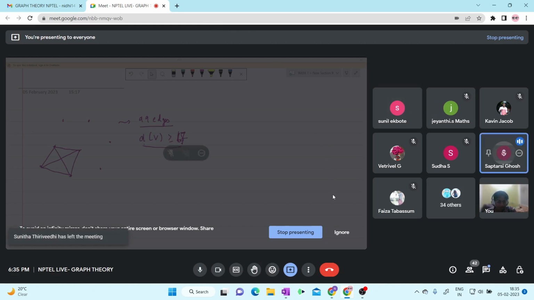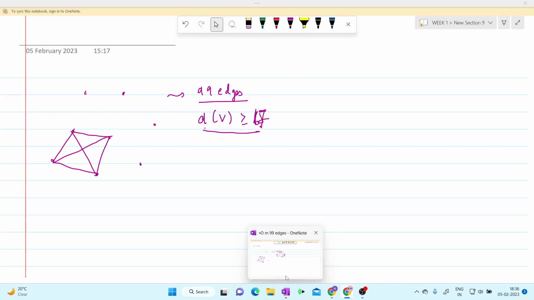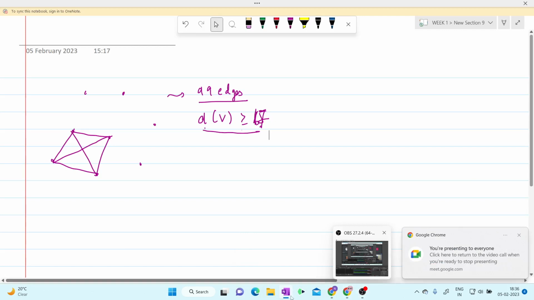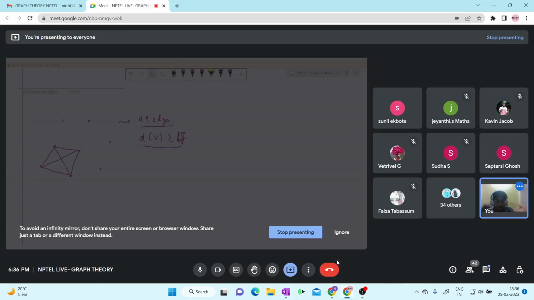Ma'am, in a Hamiltonian cycle, can two vertices be repeated, or only one? No, only the first. In any cycle, only the first vertex is repeated. You are not allowed to have any repetition.